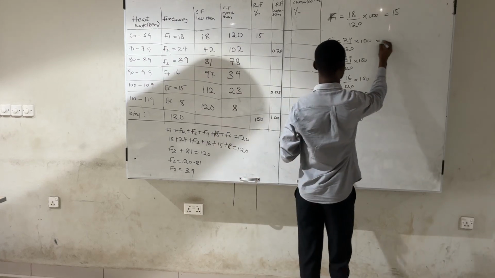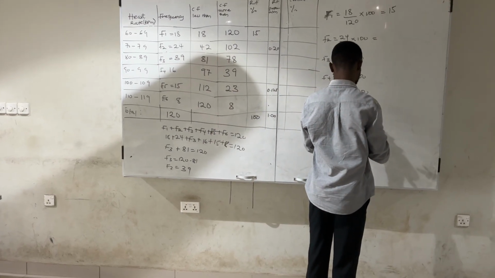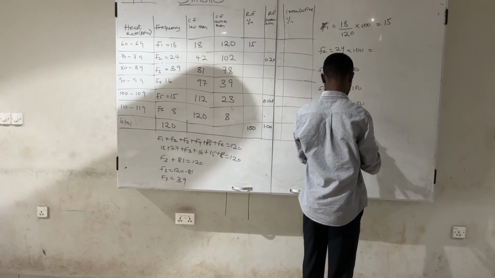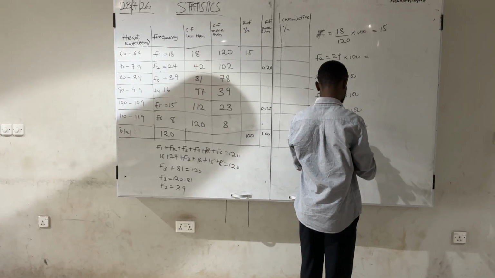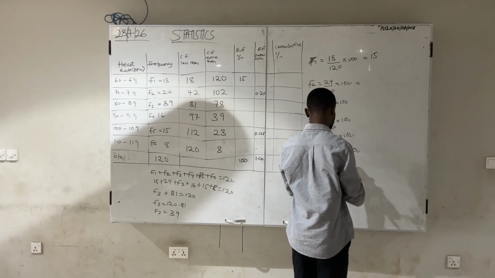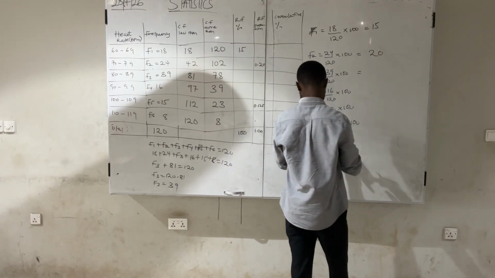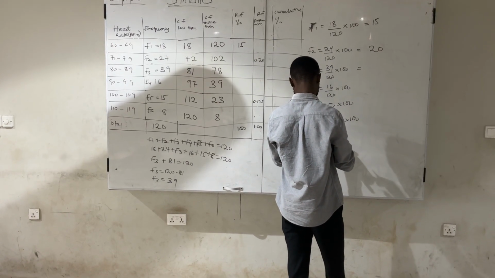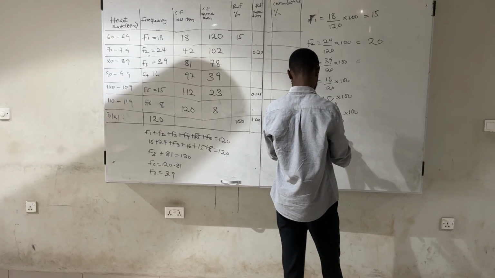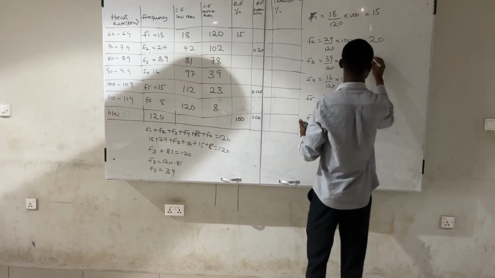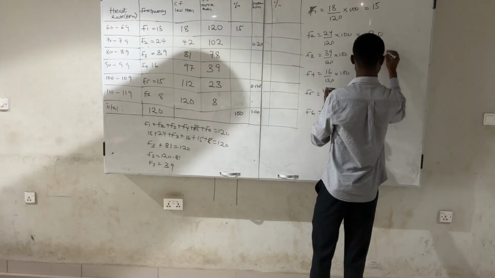Then the second one, it is 24 divided by 120 times 100. 20%. We have 20, and here 39 gives 32.5.